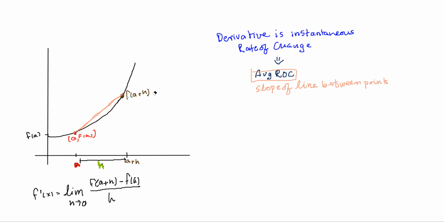I should have written that better when I drew it out the first time, and I did not. So, and this is f of a plus h, and this is going to be a plus h, comma, f of a plus h.